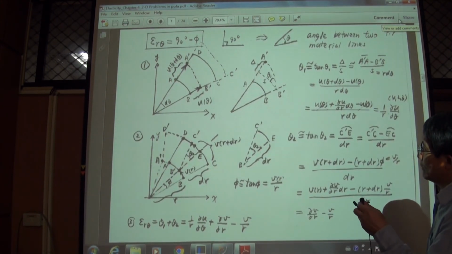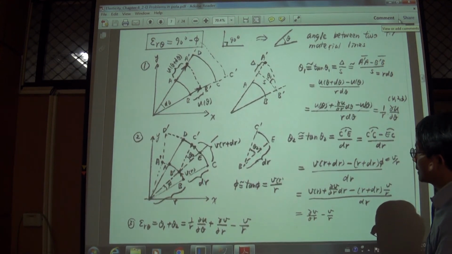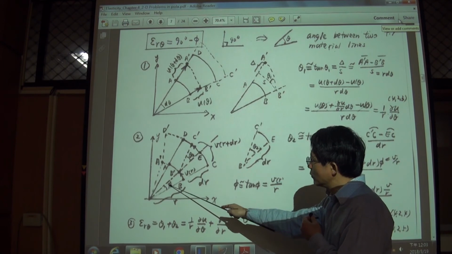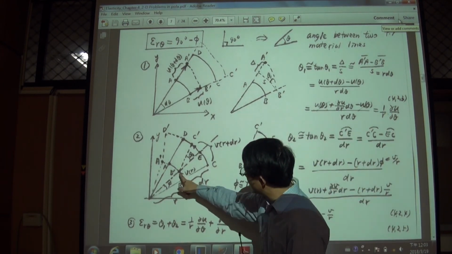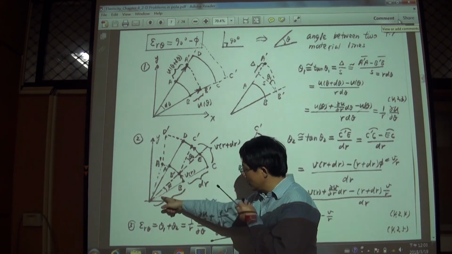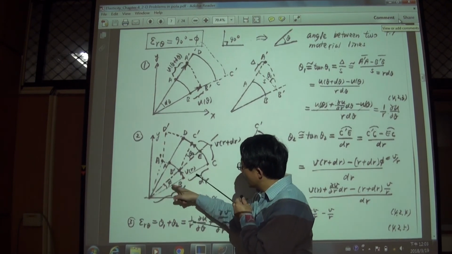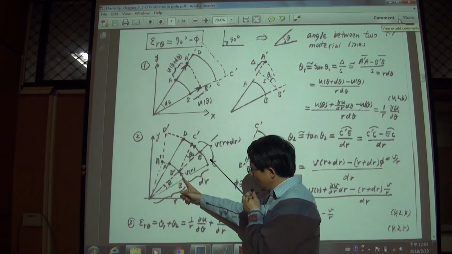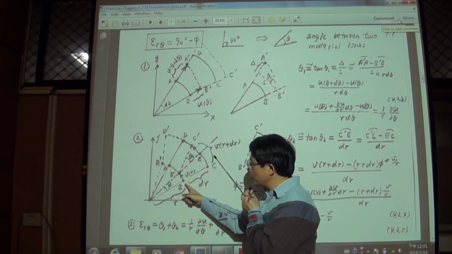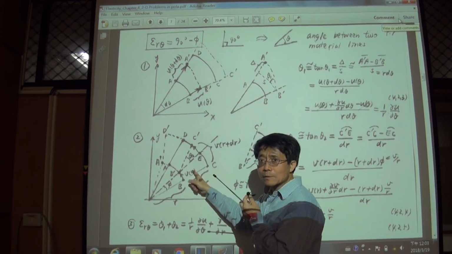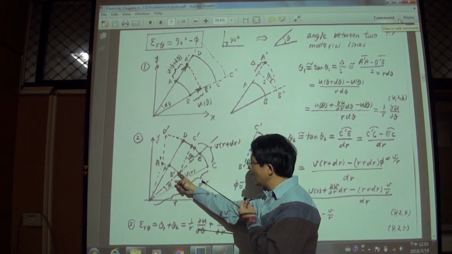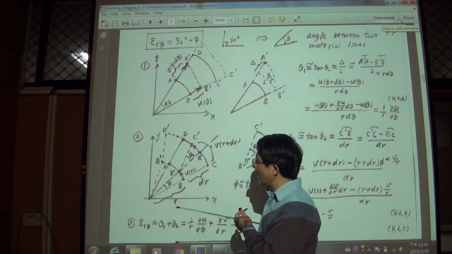Now, what is the relation between VR and phi? We consider this small section, OB'. B moves to B' by the displacement VR, right?